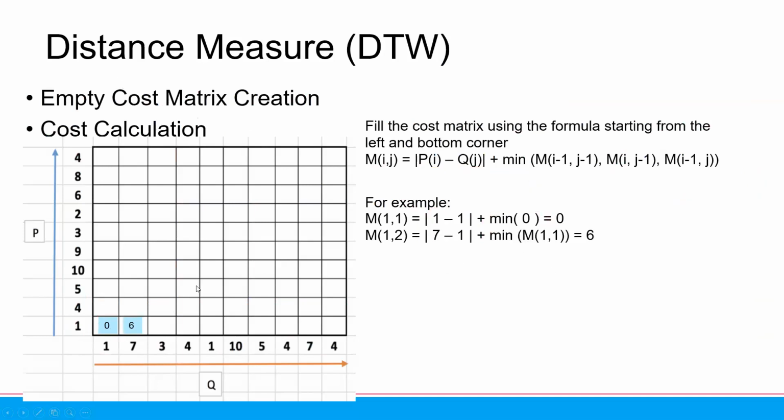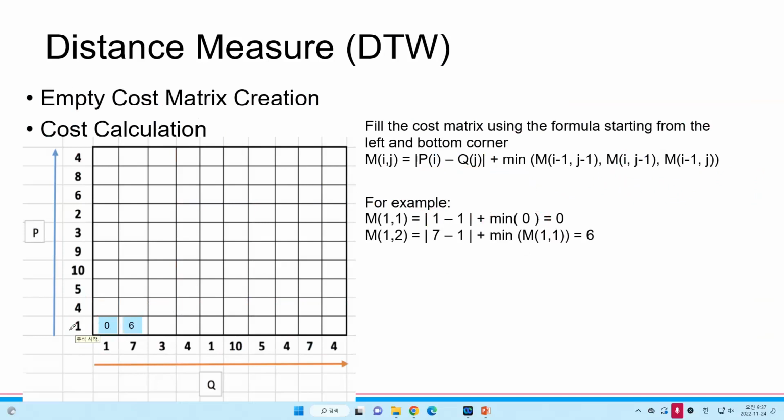Next is 1,2. We have the value of P and Q: it should be 1 minus 7, but it is the same, 1 minus 7 or 7 minus 1, because you will take the absolute value. Then the result is 6, and then we want to check the minimum. What is the minimum here?